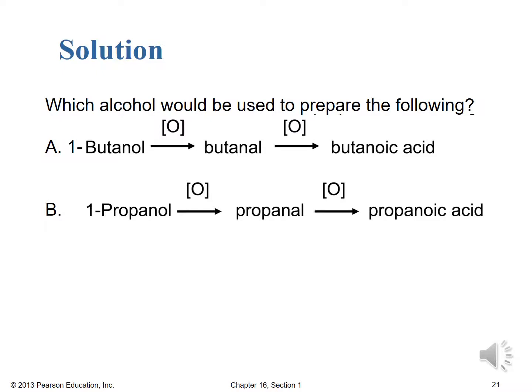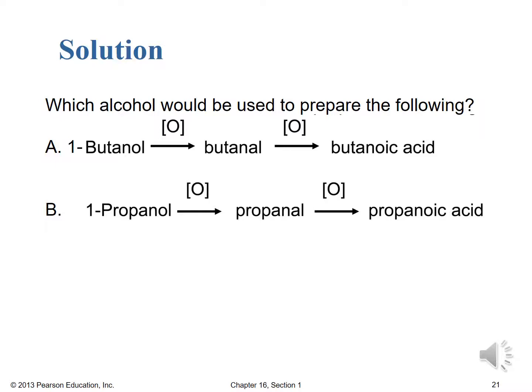Okay, so of course we needed primary alcohols to get to carboxylic acids. So strictly the question asked for the alcohol. So A would have been 1-butanol and B would have been 1-propanol. But of course, if you want to consider it as a two-step process, first those alcohols would respectively go to the aldehyde. So 1-butanol would oxidize to butanal and 1-propanol would oxidize to propanal.